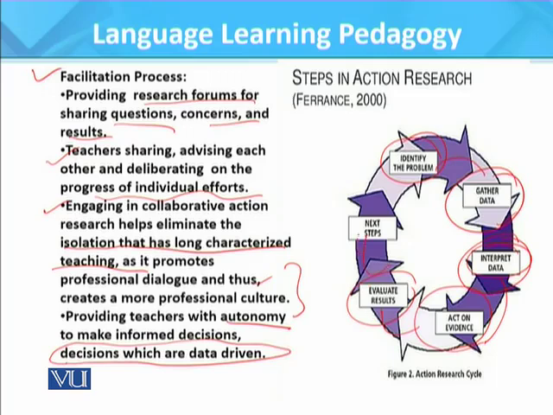Based on that, you take the next step, which leads you towards redefining the problem. So that is a spiraling of the research that takes place, starting from identifying the problem, gathering data, interpreting, acting on the evidence, and evaluation, and based on evaluation you determine the next step, which leads to redefining of the problem that has been identified.